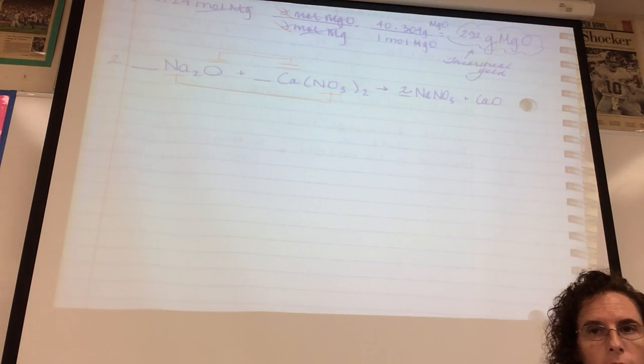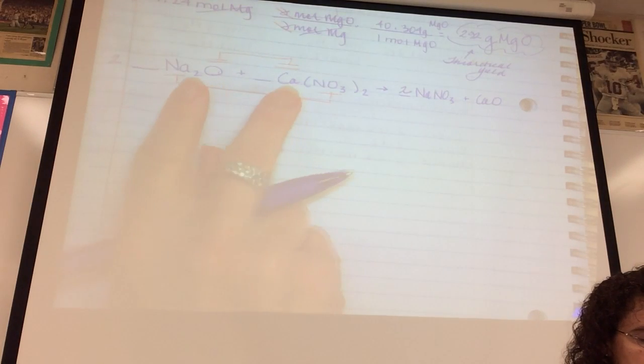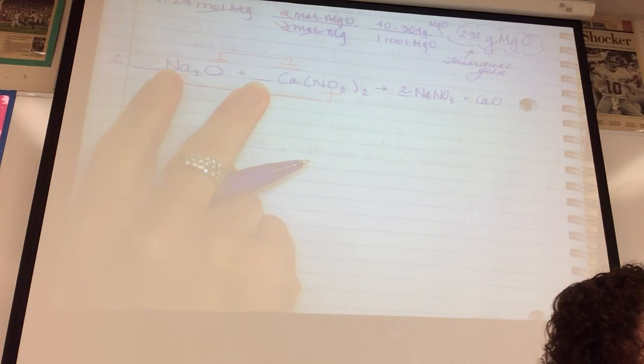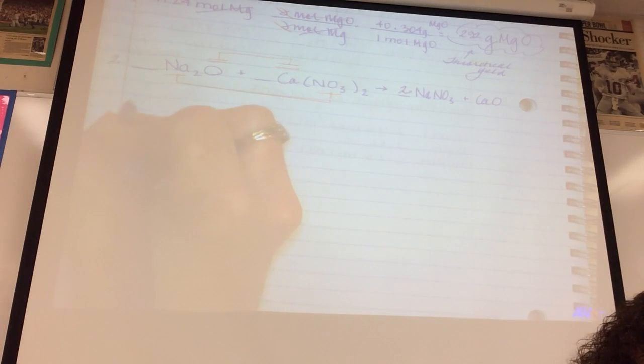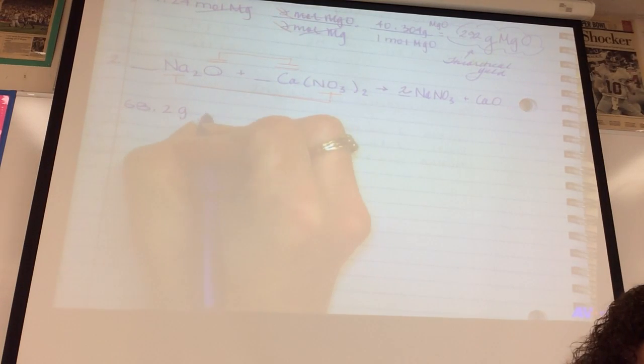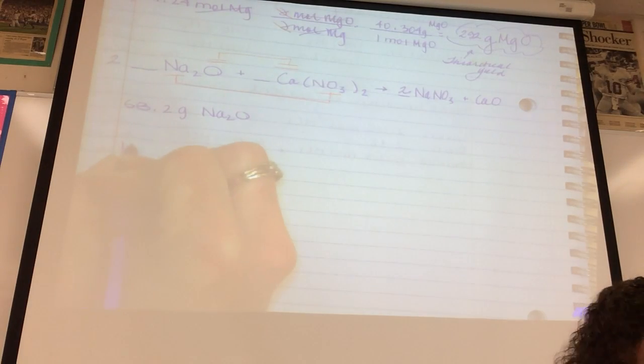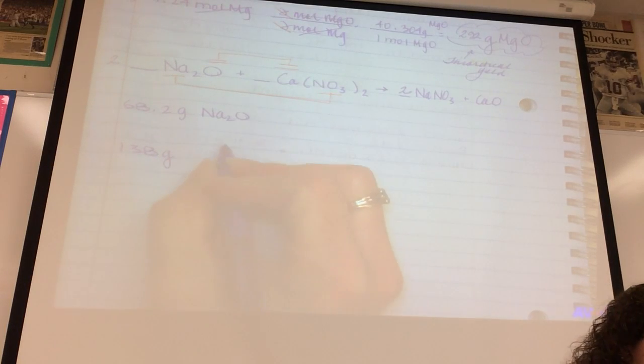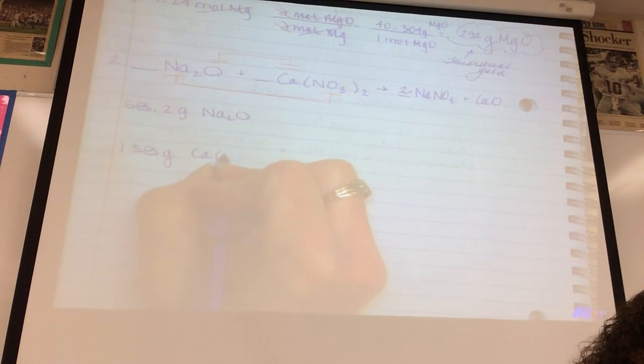All right, so this one's really, really straightforward because your mole ratio of reactants is what? 1 to 1. That's going to make life very easy. In the lab, it's going to be that way too. 68.2 grams of sodium oxide and 138 grams of calcium nitrate.